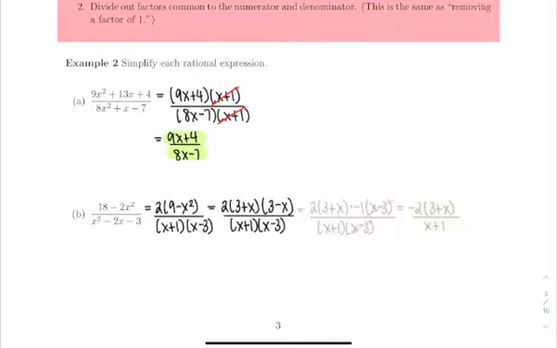Now, if we notice, 3 minus x and x minus 3 are very similar, but they are opposites, which means we can write 3 minus x so that it looks like the denominator. I'm going to multiply it by negative 1, and when I do that, they're going to flip as x minus 3.